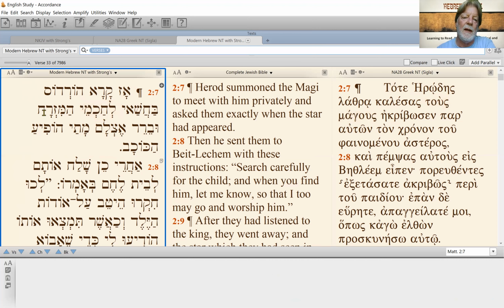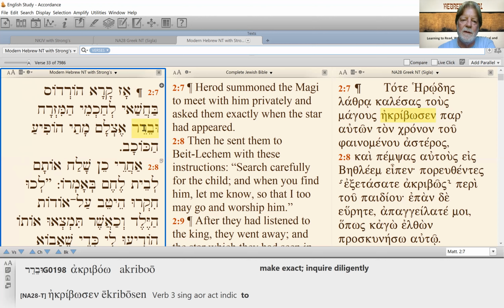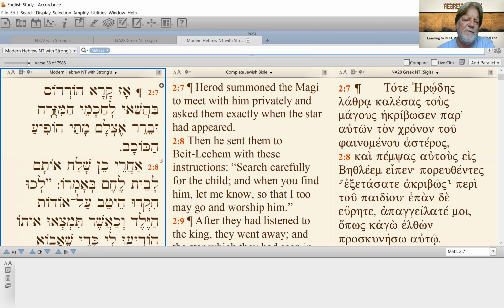Hamizrach, the wise men. Let's see, Hamizrach. I'm trying to figure out how that is used in the sentence here. Uvared, Mizrach. I guess it's the wise men from the east.